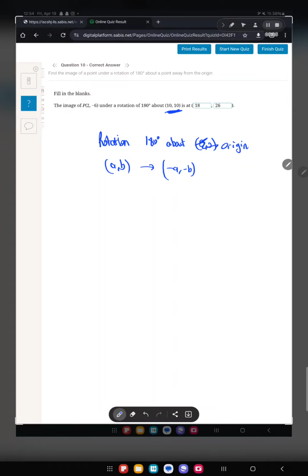With every rotation, if you're rotating around a certain point that's not the origin, the first step I always tell you is find the translation. How do you do it? You subtract the pre-image by the point of rotation, like finding the vector.